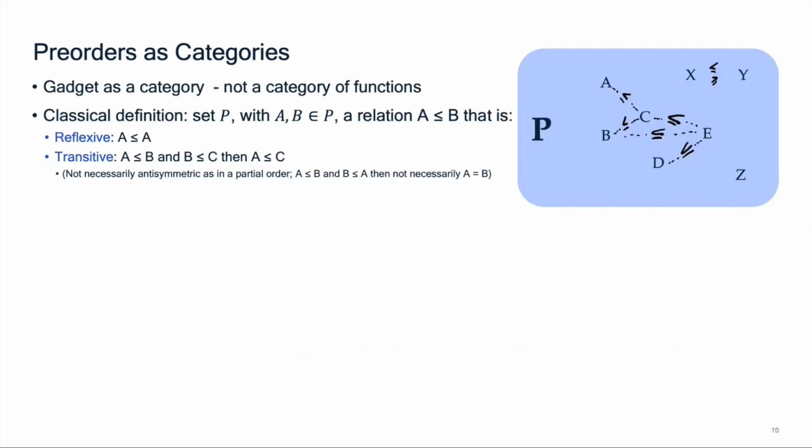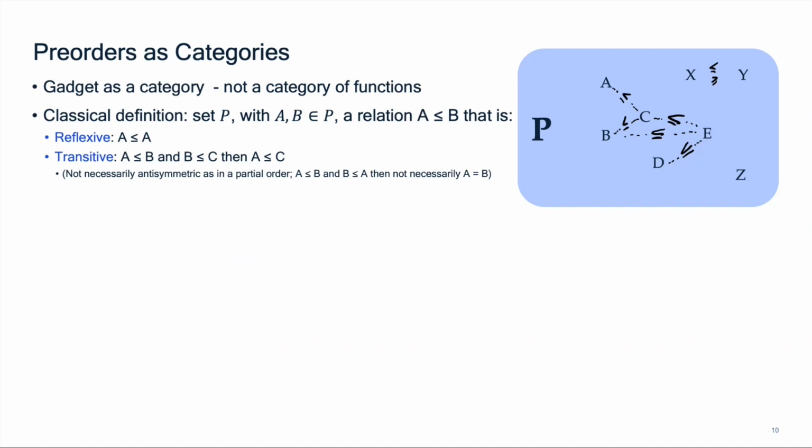But that's not all a category can do. There are also things that we know in mathematics that themselves are categories. So this is not a category of something like sets and functions. One canonical example is a preorder.